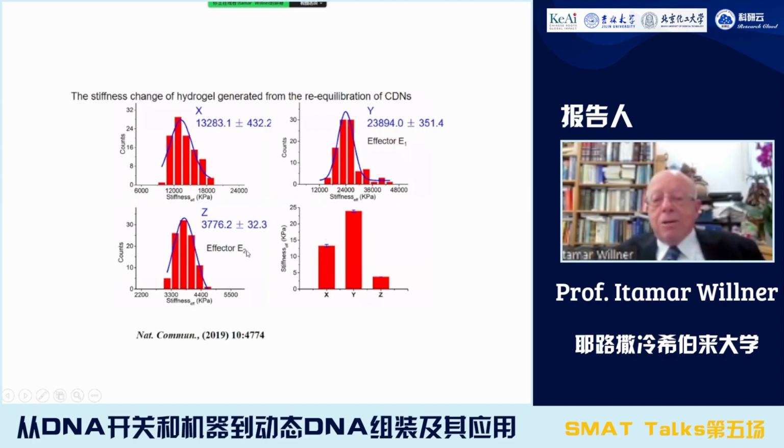If we apply the strand E2 that stabilizes the simple Y-shaped constituent, we get a lower stiffness hydrogel, of almost only 4,000 Pascal. So you can see we can control the stiffness.